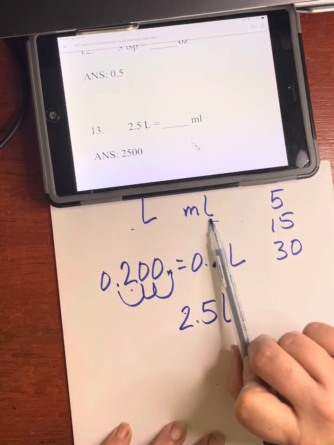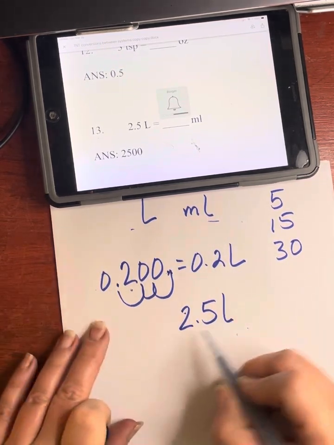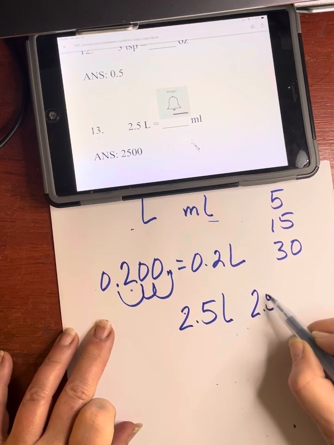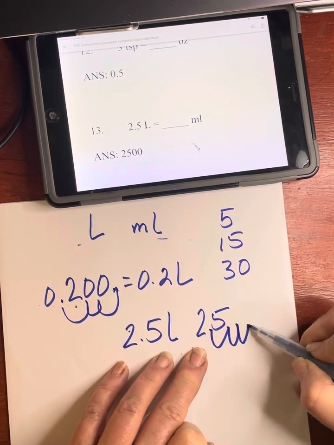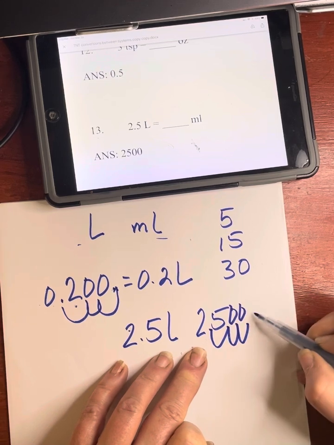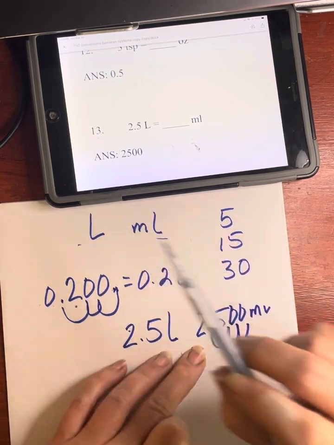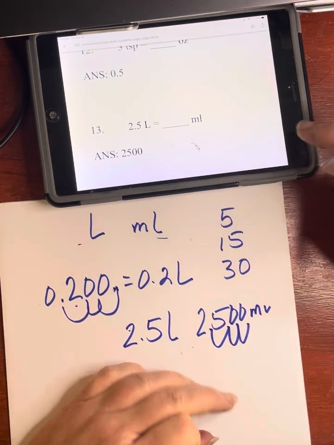If we're going liters to milliliters, we've got to move the decimal to the right. So 2.5, and we're going to go 1, 2, 3. Add them zeros. And it'll be 2,500 milliliters.